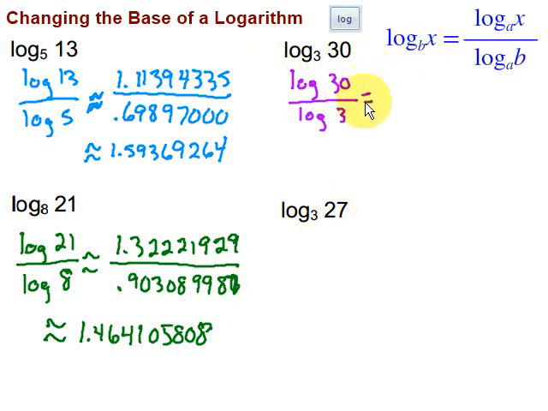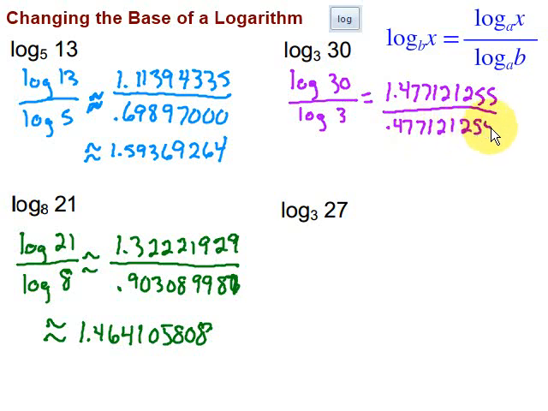For the log of 30, I come up with 1.477121255 all over a log of 3, which is 0.477121254. Okay, and then do that division.